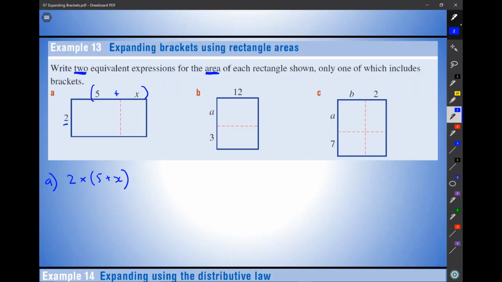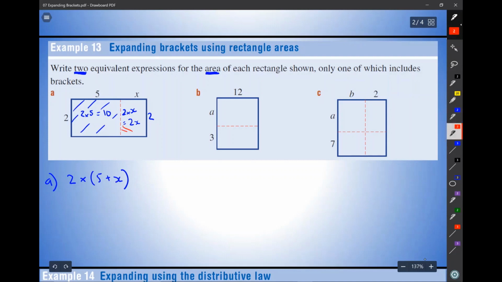But what we could also do is take 2 times 5 and calculate the area of this rectangle, and then we could take 2 times x and calculate the area of this rectangle independently, and then we can add the two areas together.